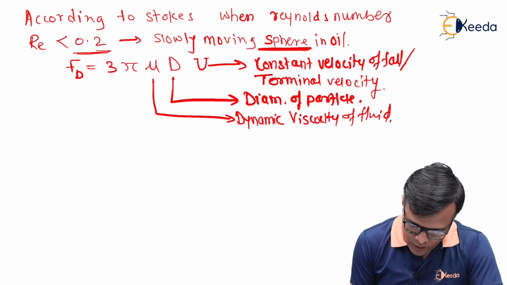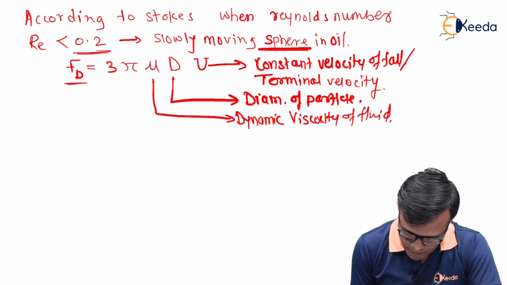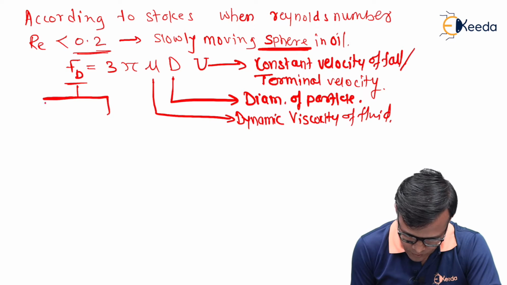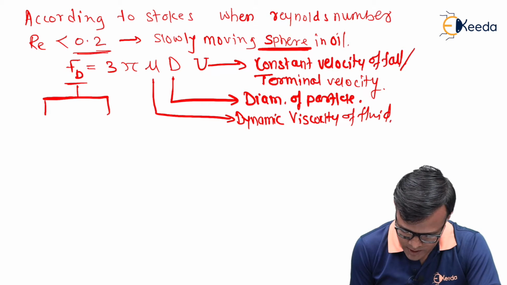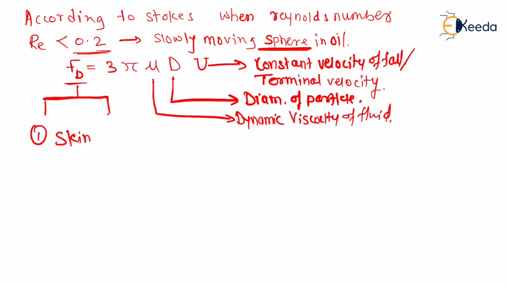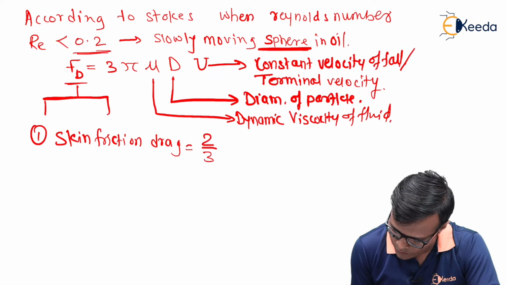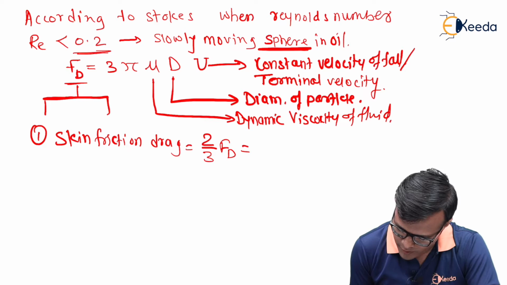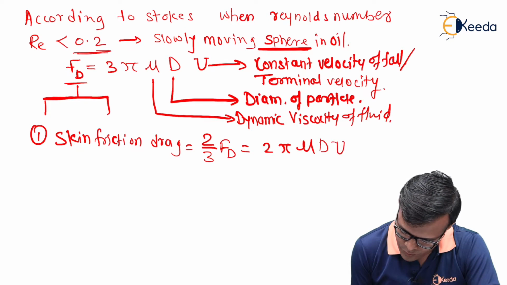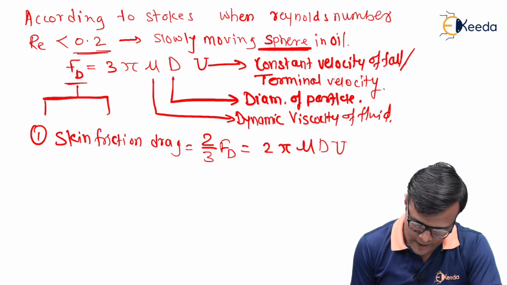This total drag can be divided into two types. First is skin friction drag. This is nothing but 2/3 of Fd, so it becomes 2 pi mu d u. And the second type is pressure drag.